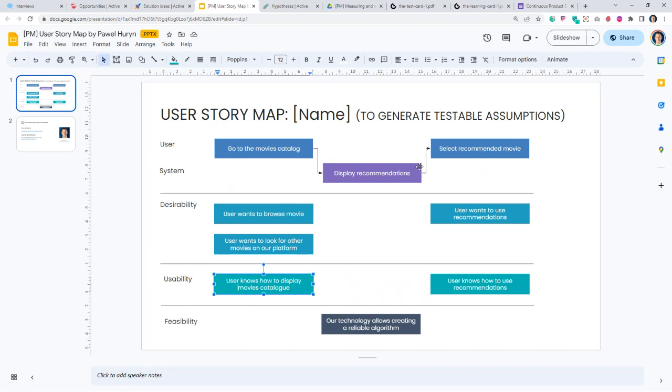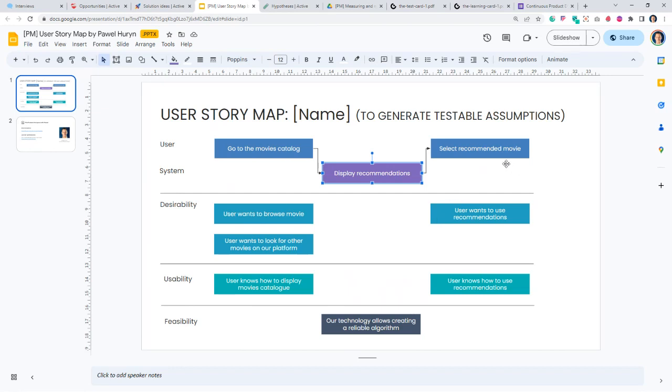For display recommendations, the only assumption that has to be true is that our technology allows creating a reliable algorithm, so we can display high quality recommendations, but also that we can display them in a timely way, so that the user does not have to wait like 5 minutes before seeing some results, because they will most likely log off and look for another solution.